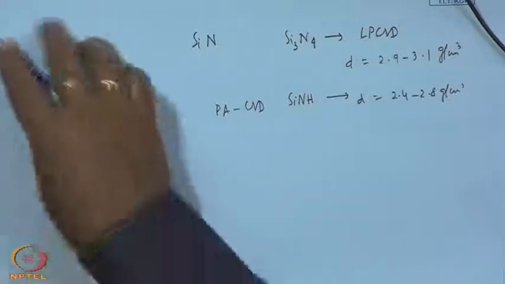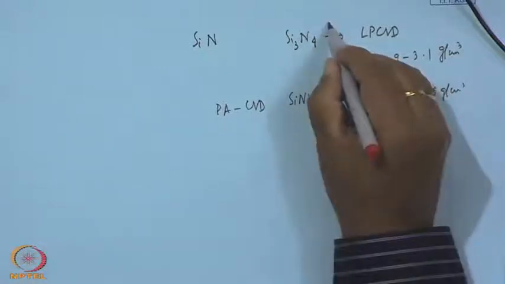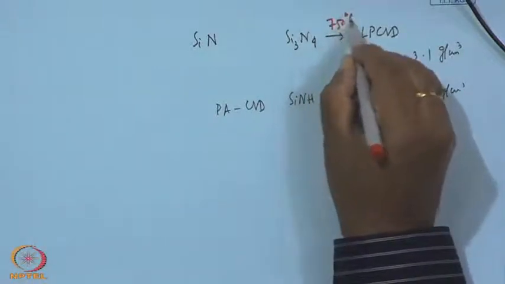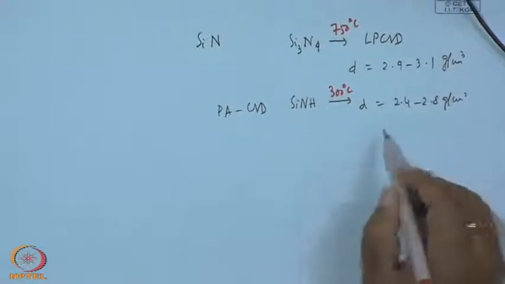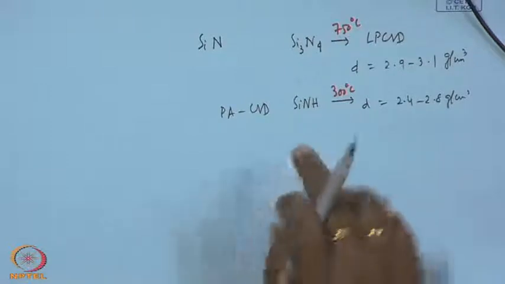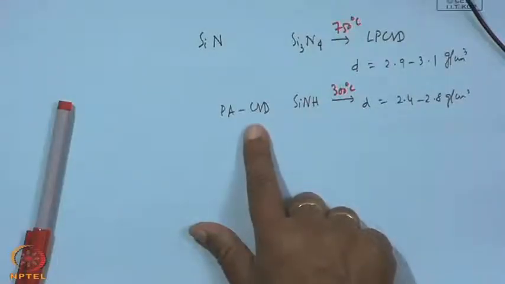Another important aspect is that here the temperature is very high, 750 degree centigrade. Here the temperature is 300 degree centigrade. So, for normal scratch protection, the silicon nitride is grown over the device to protect it from any kind of scratches, moisture, humidity, and this silicon nitride acts as a barrier for the diffusion of sodium, etc. These properties can be obtained even if you grow by plasma assisted CVD.